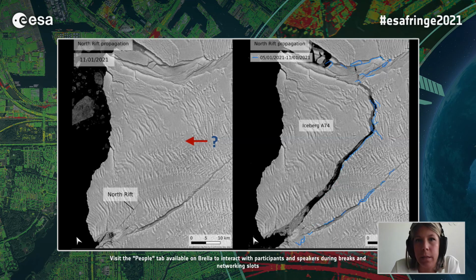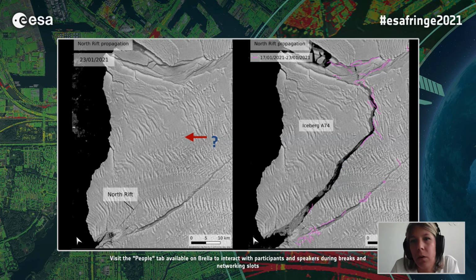And we see that in January, we have almost all the extent of the North Rift that is delineated with InSAR. And January, it's 1 month before the iceberg calved, so it's quite sensitive actually. So of course, here you don't have anything delineated because the interferogram is incoherent.